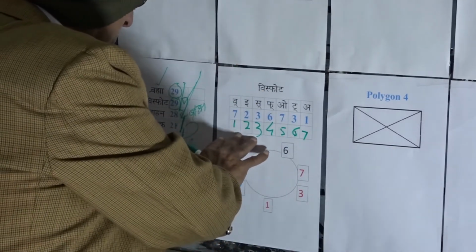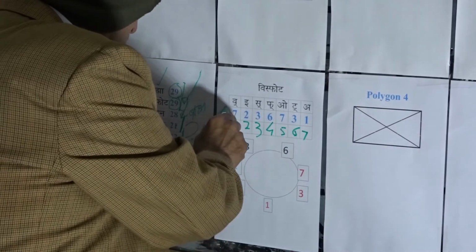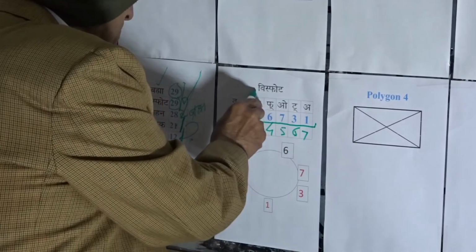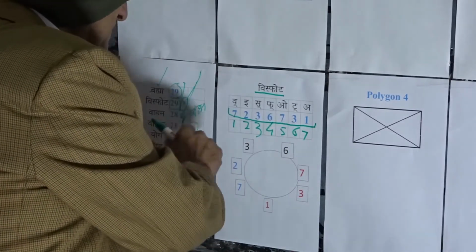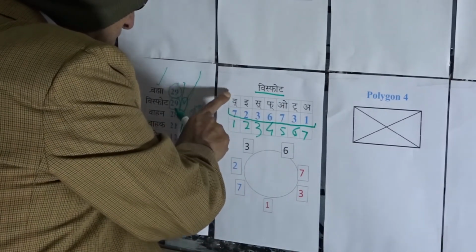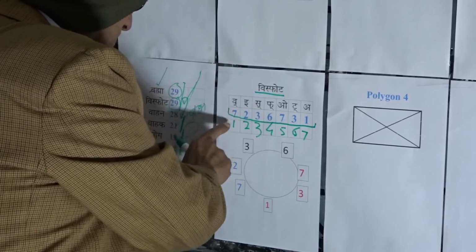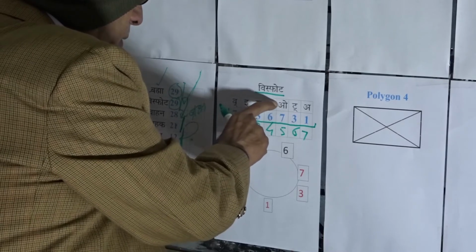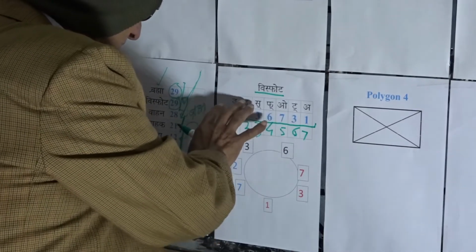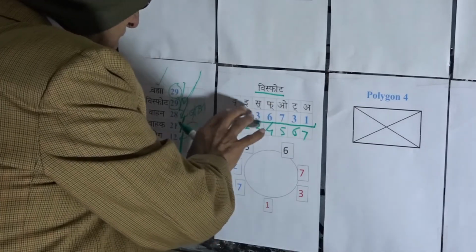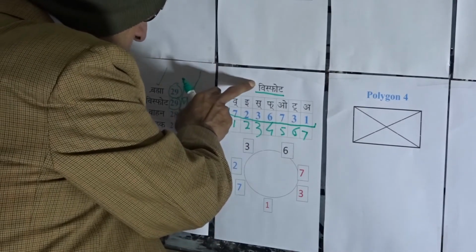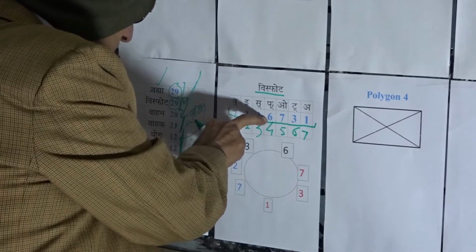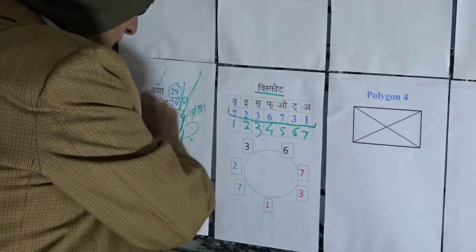These 7 steps are the TCV values of the 7 letters used for the composition of the formulation Visphot. The 7 letters are Va, E, Sa, Fa, O, Ta and A. These 7 letters of the formulation Visphot have TC values 7, 2, 3, 6, 7, 3 and 1.